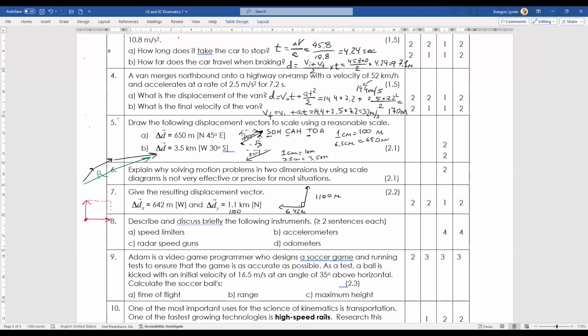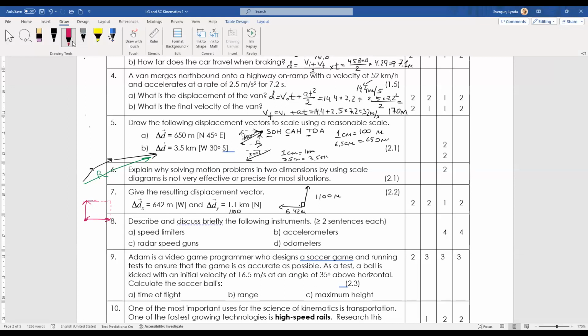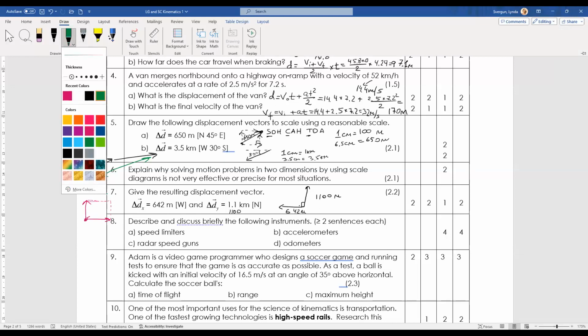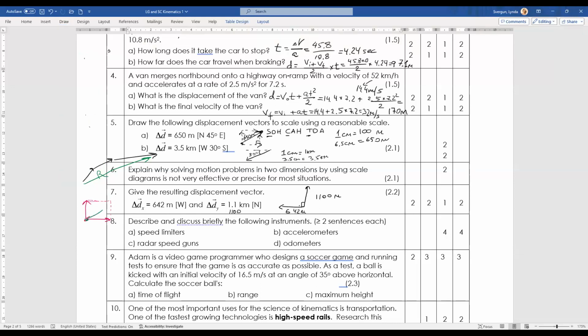So you start them from the same point and make a parallelogram, so opposite sides are equal and parallel. A resultant vector, let's use green color, will join the point where you started and that point far away.